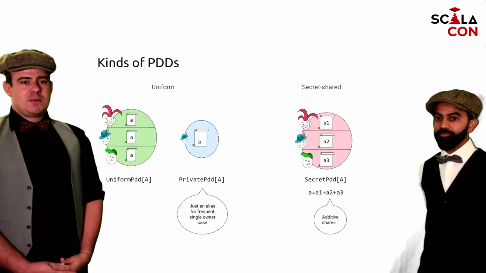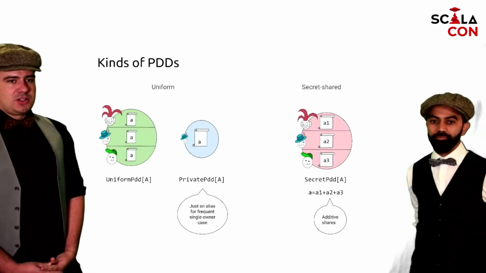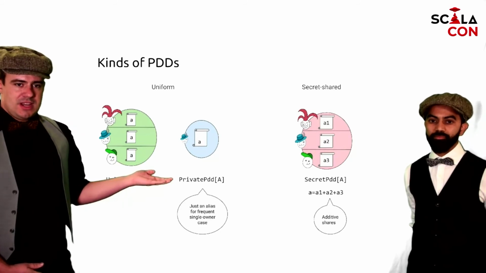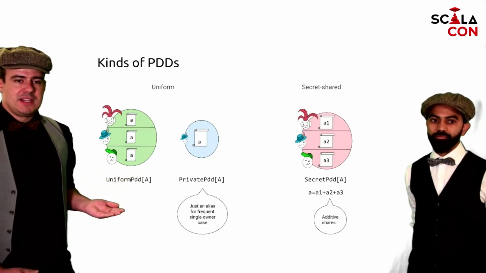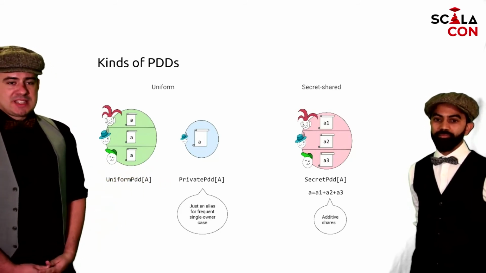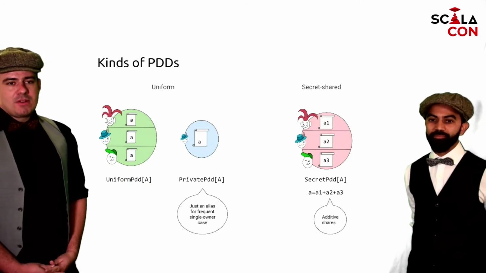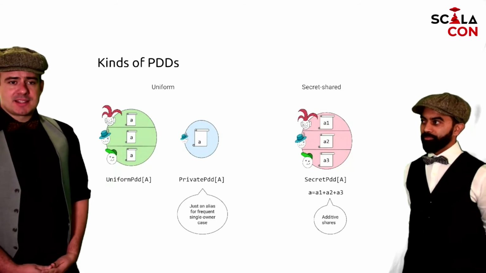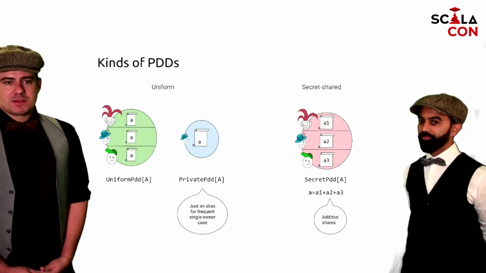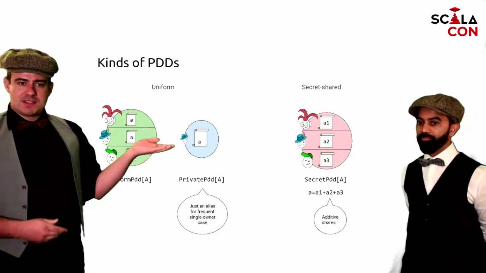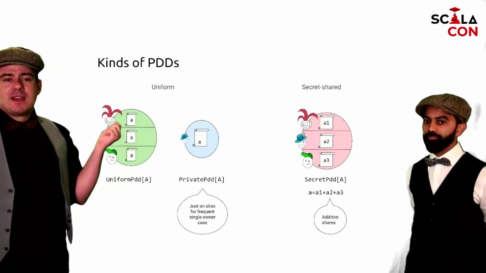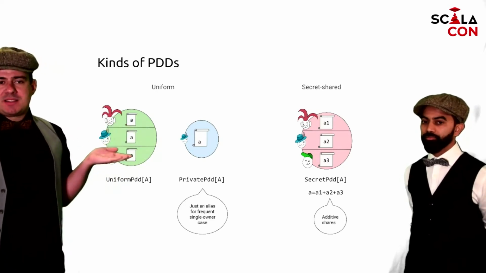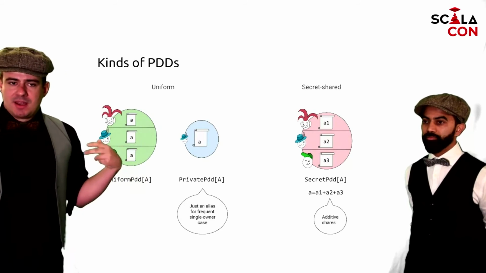The PDDs that we define in Speakeasy are two different ones. In green, the so-called uniform PDD, this represents some data where every partition is replicated. So this means this is some plaintext data that everyone knows. So if we have, in this example, data A shared between three parties, this just means every party has the same view.